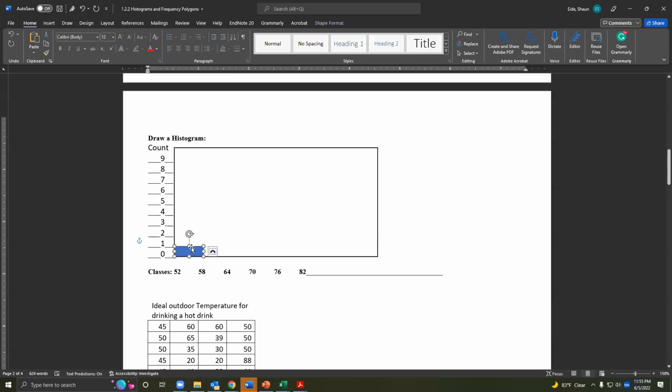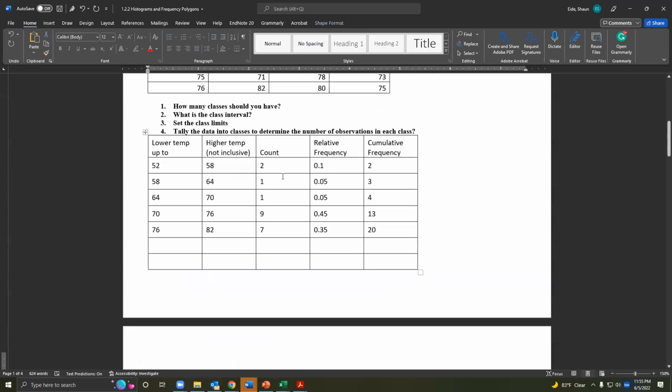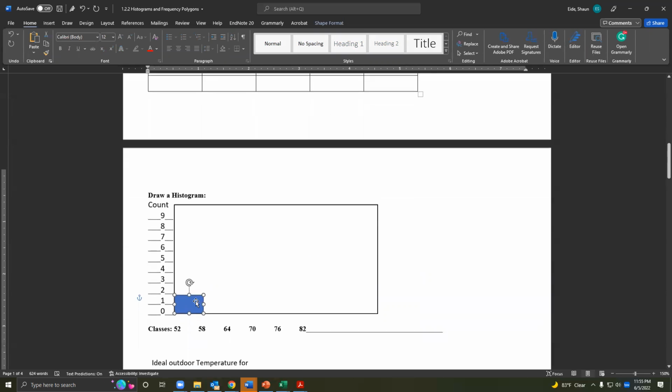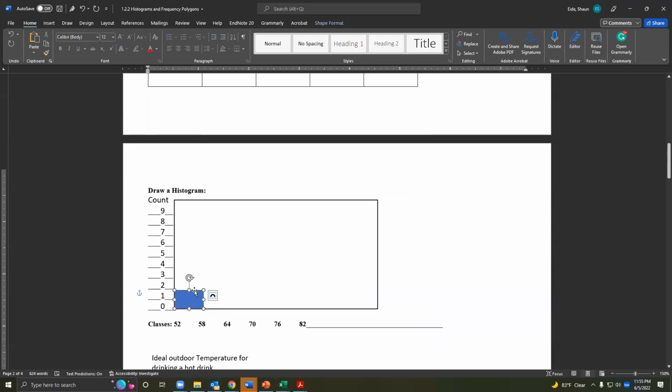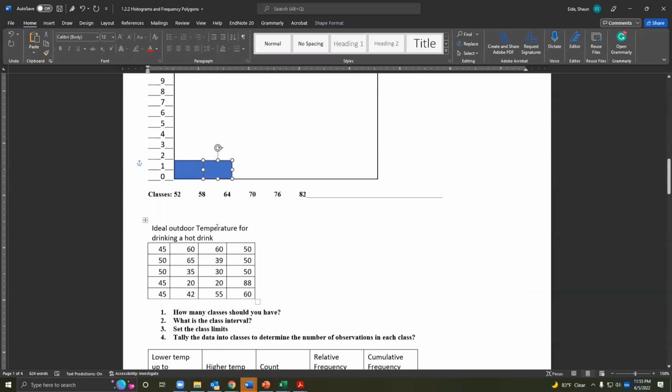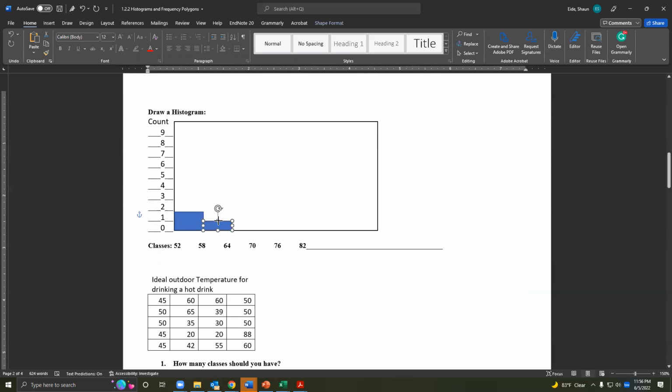So there are a total of 2 observations there. Okay, and then 58 to 64. How many observations are there? There is 1 observation there.